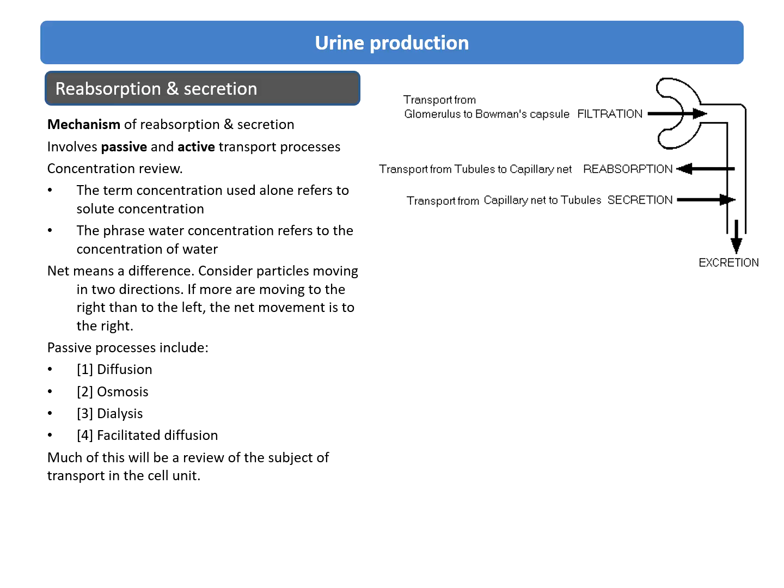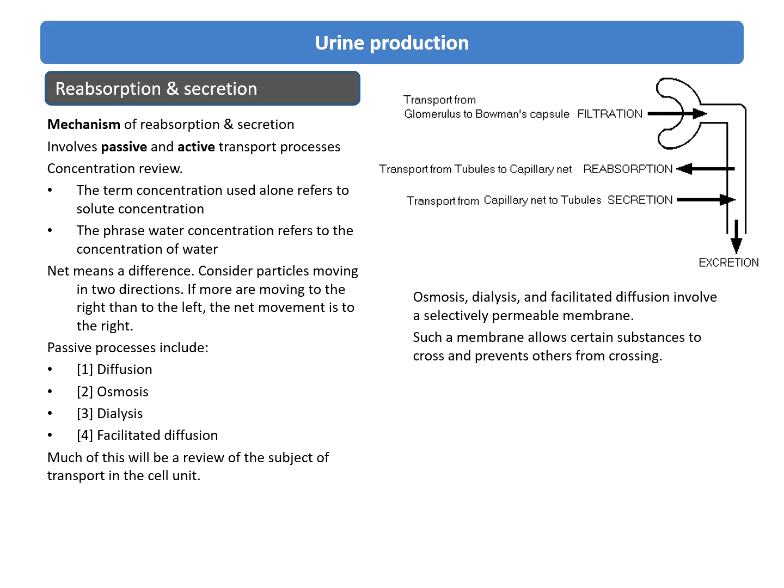Much of this will be a review of the subject of transport in the cell unit. Osmosis, dialysis, and facilitated diffusion involve a selectively permeable membrane. Such a membrane allows certain substances to cross and prevents others from crossing.